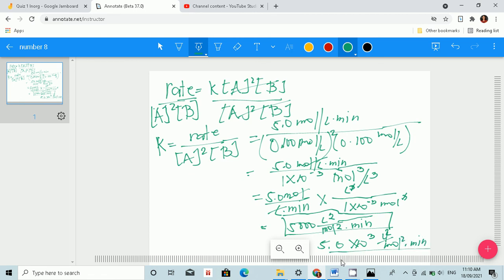If you write it in scientific notation, then you are correct. Or if not, 5,000. The value of K, the rate constant, is 5,000 liters squared per mole squared minute.